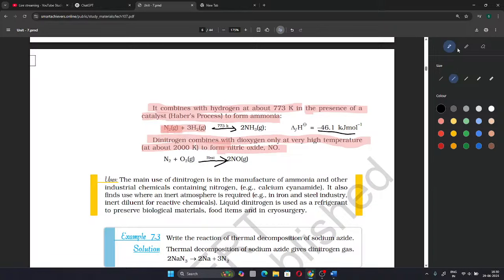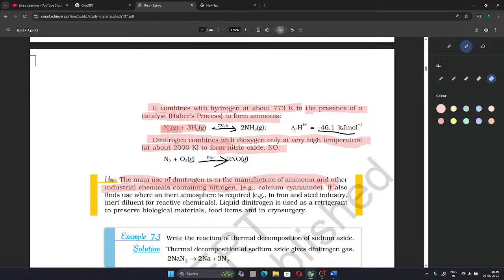The main use of dinitrogen is the manufacture of ammonia, maybe through the Haber's process, and other industrial chemicals containing nitrogen, for example calcium cyanamide. Amide is the NH2 group, and cyanamide means CN group.